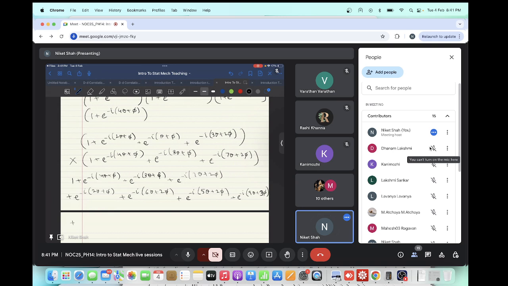plus e raised to power minus i theta plus phi.